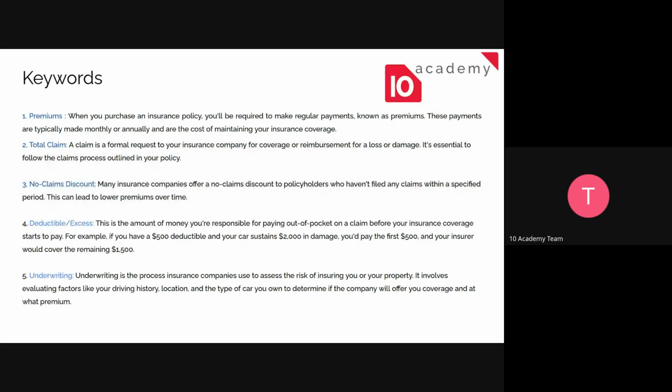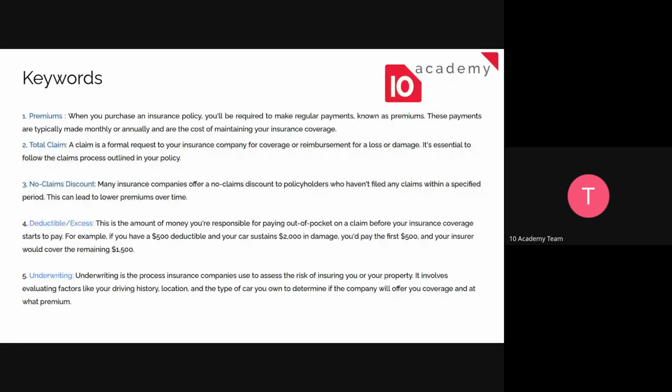And the other one is underwriting, which is the process insurance companies use to assess the risk of insuring you or your property. It involves evaluating factors like your driving history, if you're trying to insure your car. So they will look at your driving history, location, and the type of car you own, to determine if the company will offer you coverage and at what premium.